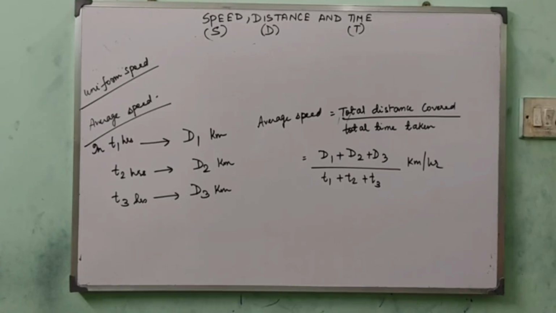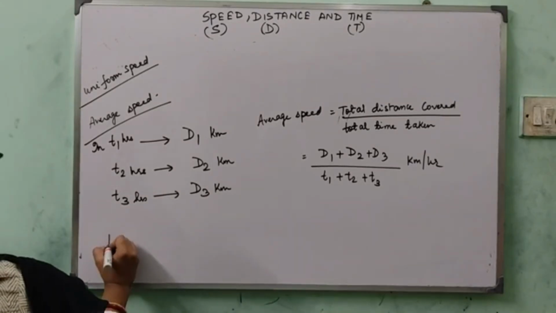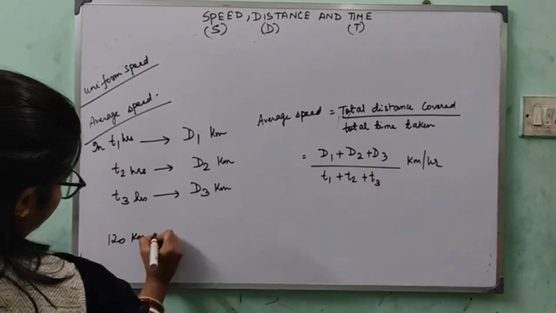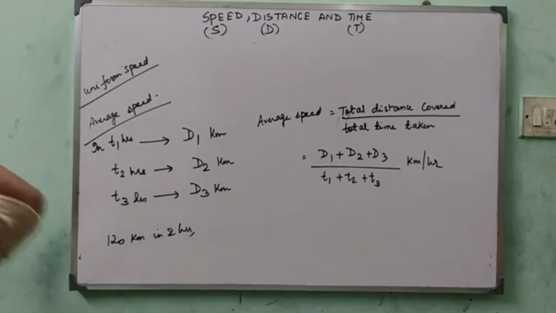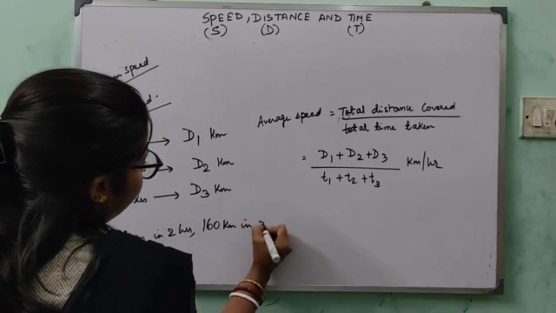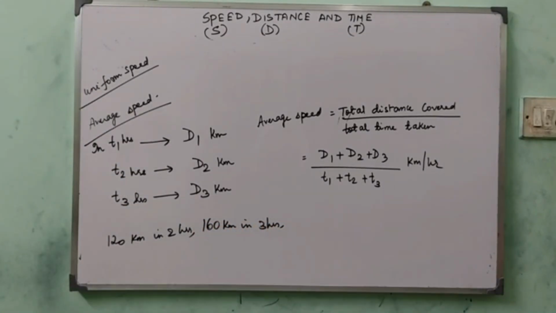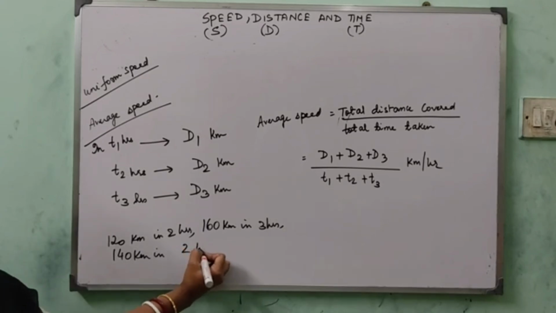Now for example, suppose that I cover 120 kilometers in 2 hours, next I cover 160 kilometers in 3 hours, and third I cover 140 kilometers in 2 hours.